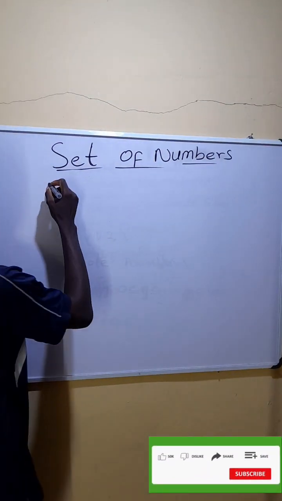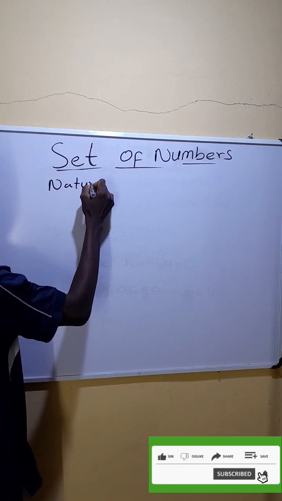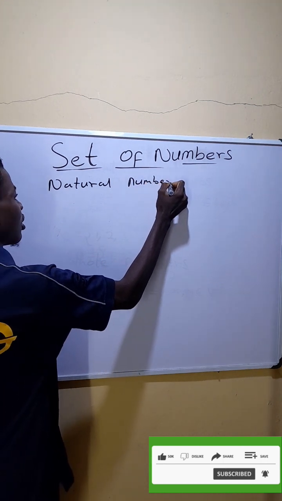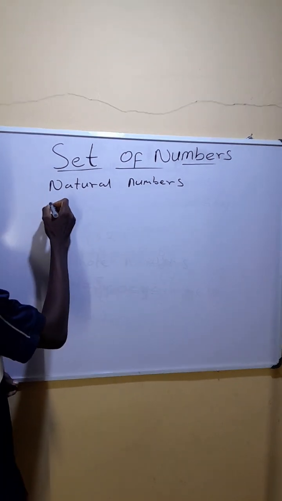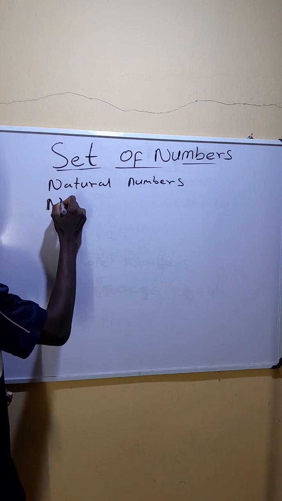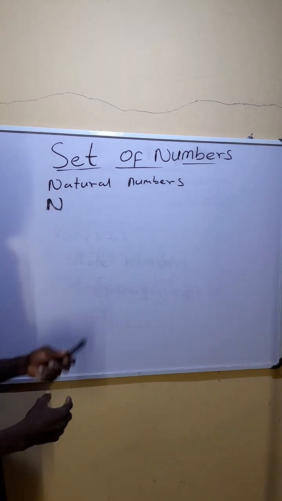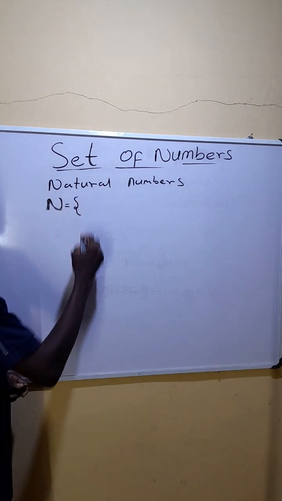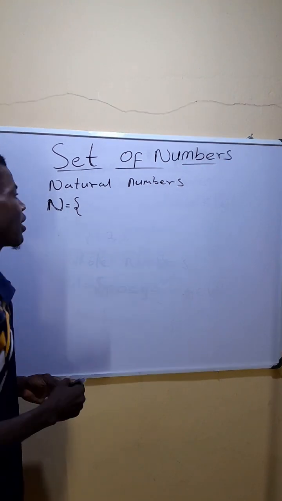Set of natural numbers. This set of natural number is denoted as N, using capital N. Now, this set of natural number includes from 1 to positive infinity.